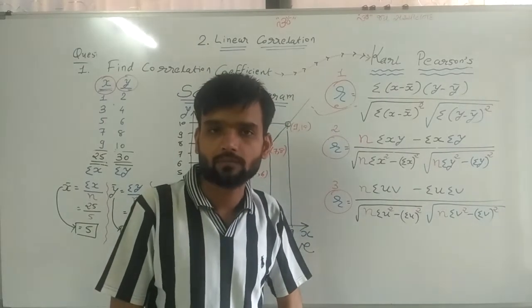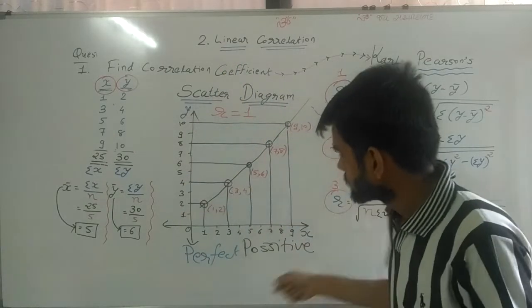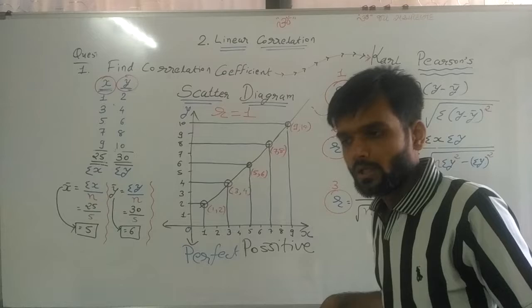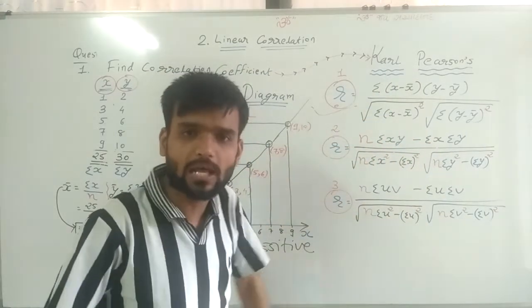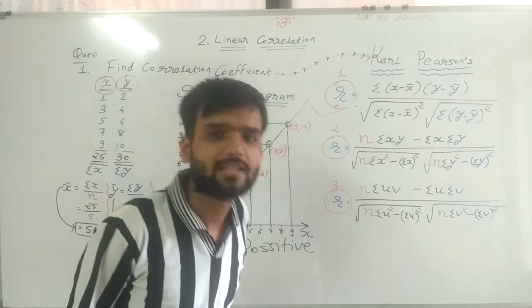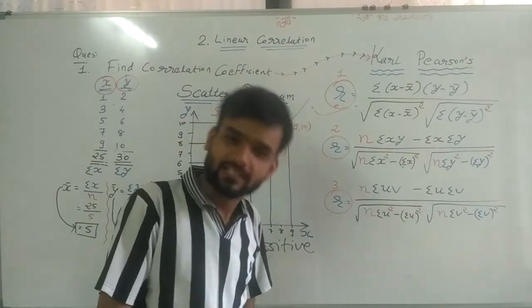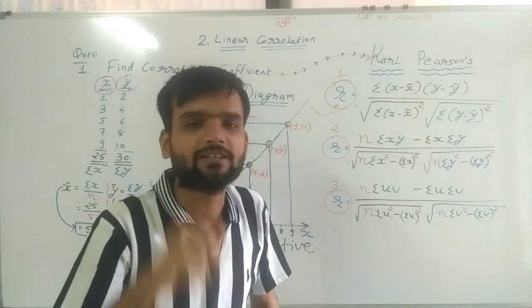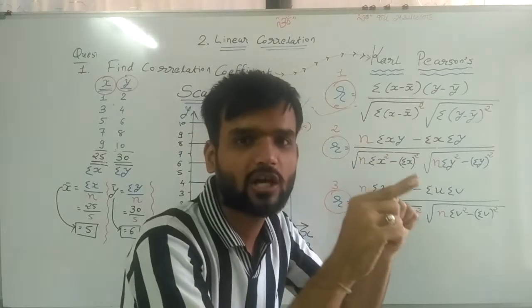Scatter diagram method is what I have done here today. Karl Pearson's product moment method, we have done with 3 formulas. Now only one method is remaining for this chapter, then the chapter will be over, and that is Spearman's rank correlation method.